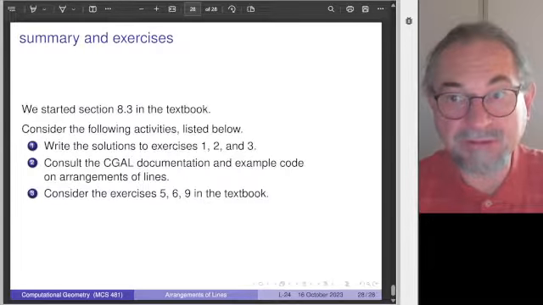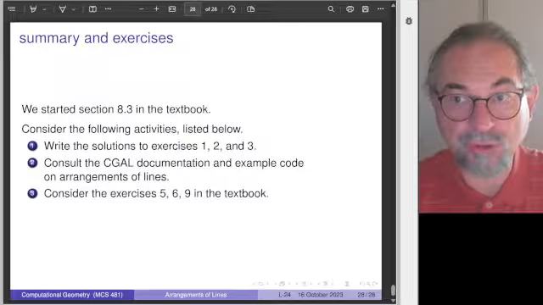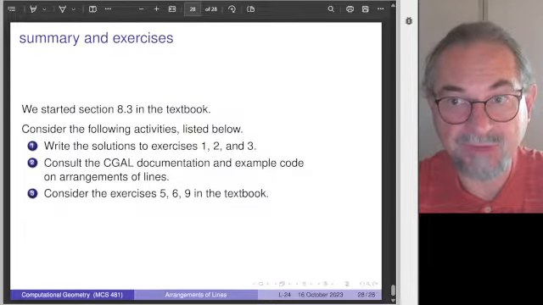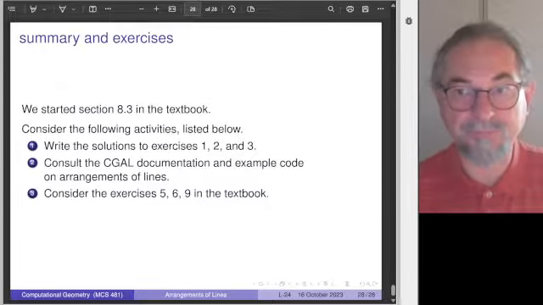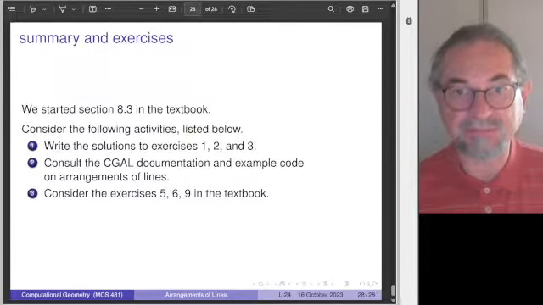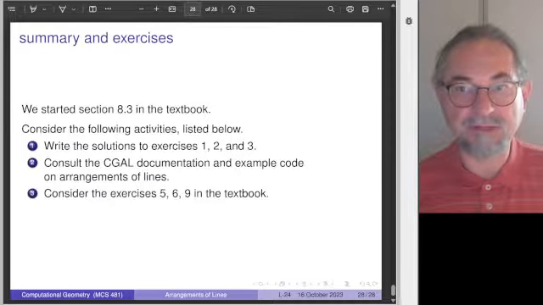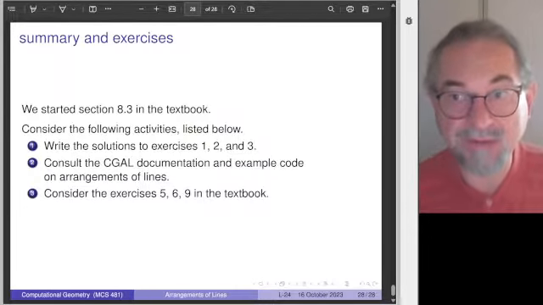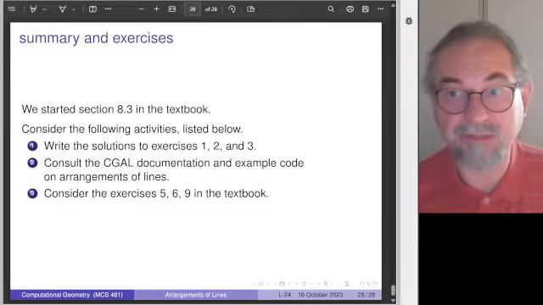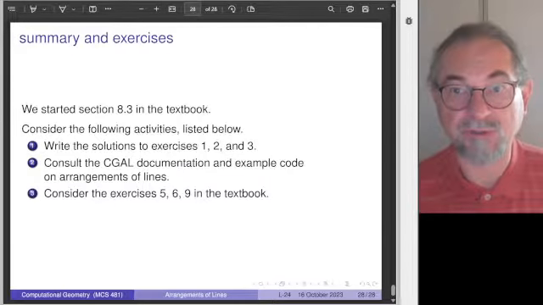We defined the combinatorial complexity of a simple arrangement that gives us an upper bound. So while we could have used an output sensitive algorithm, that didn't make much sense if, say, for any random arrangement of lines, you have n squared either. And it didn't make much sense because we would end up with n squared times logarithm of n.